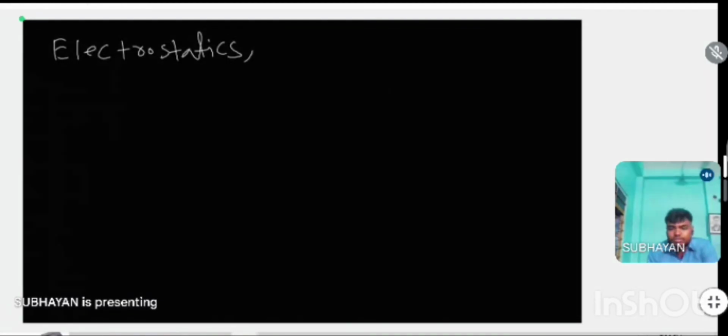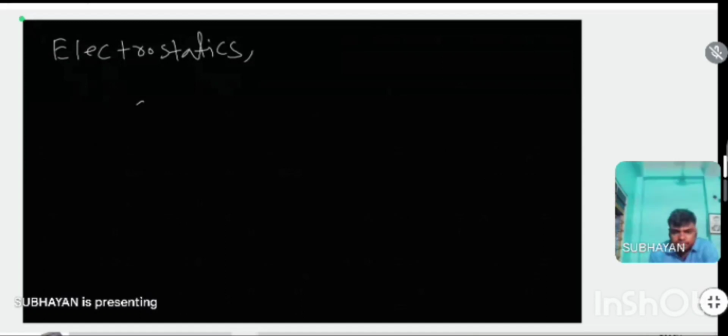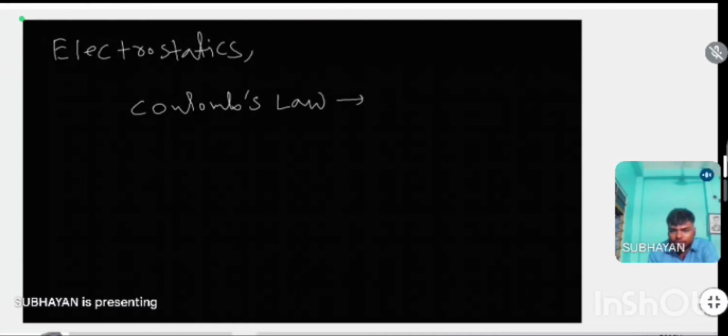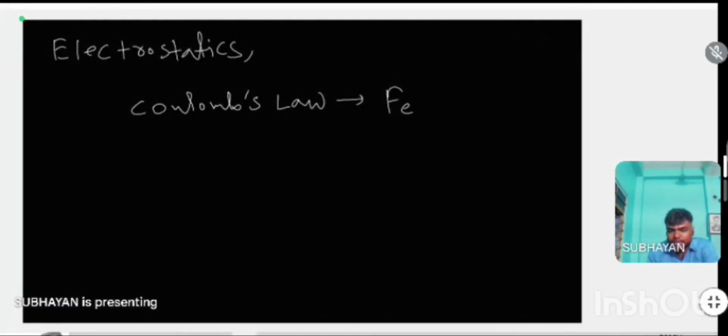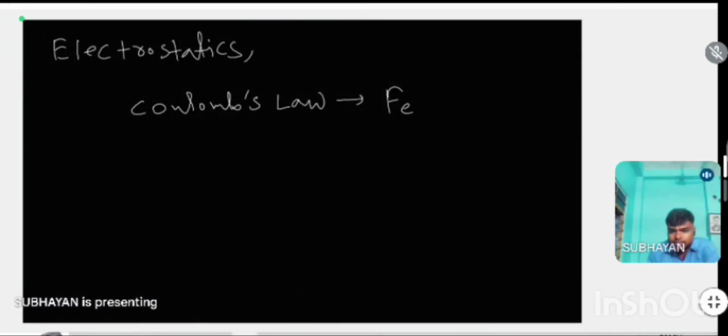In electrostatics, the interaction between two charges is described by the very familiar law, Coulomb's law. You know the form of Coulomb's law: the electrostatic force between two charges is 1 by 4 pi epsilon naught, Q1 Q2 by R square.